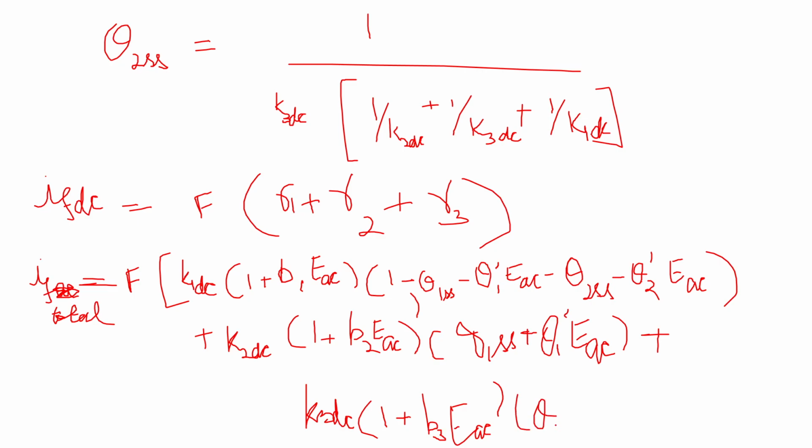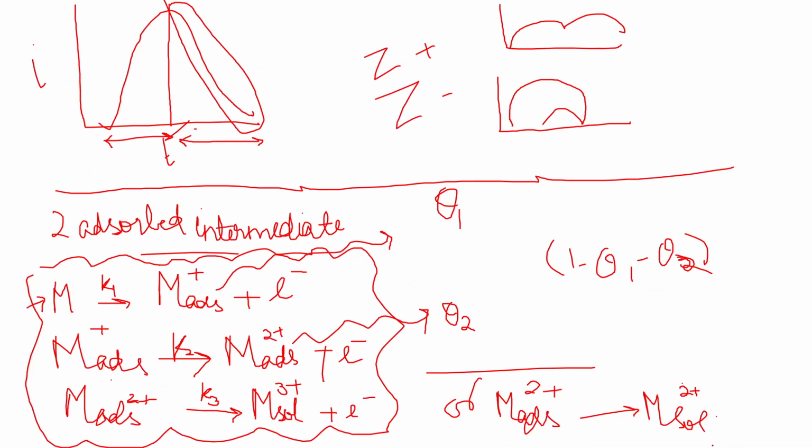Is this clear? So now the steps are the same. You have to expand it, find out IFAC, find out theta dash. So here the tricky part is you will have two theta dash. One is theta 1 dash and next is theta 2 dash. So you have to substitute in both the equations separately and find out theta 1 dash and theta 2 dash. And substitute it back into the equation and you will get the equation. Okay, I'm not doing that part. I hope you get what I'm saying.